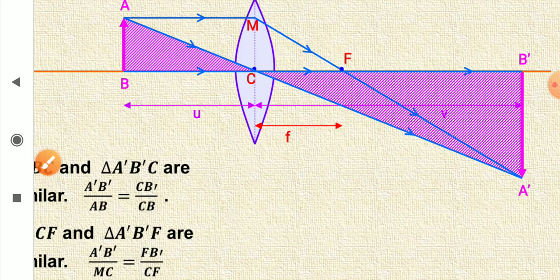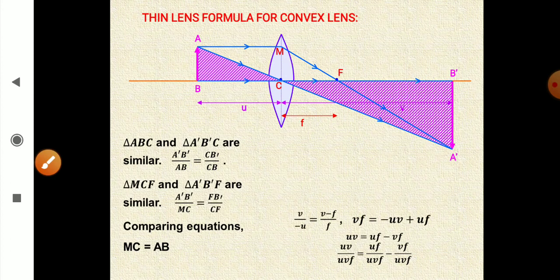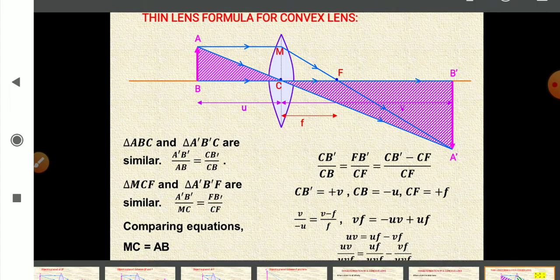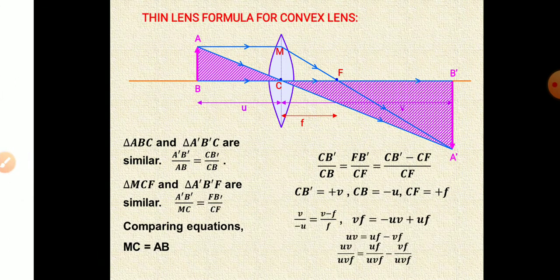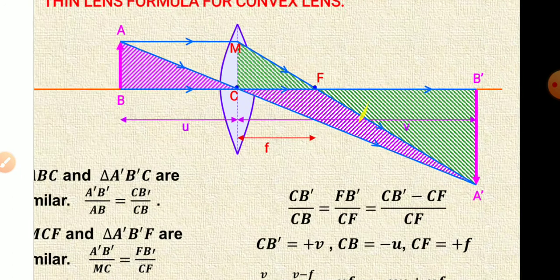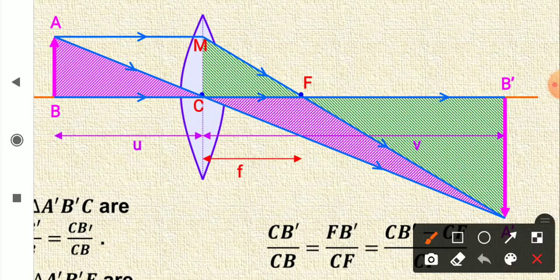Right? Similarly, we will get one more pair of similar triangles. So let us look at these triangles now. This triangle MCF and triangle A'B'F. In these two triangles, this angle is 90 degree, this angle is also 90 degree.